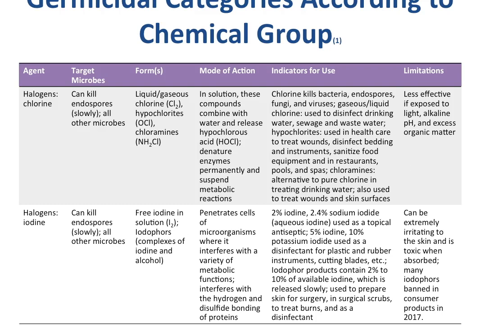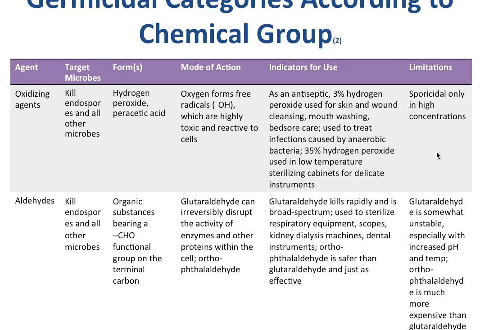This is the side effects of all these agents. The oxidizing agent, such as hydrogen peroxide, can kill the endospore and others. Aldehyde can kill the endospore and all others.